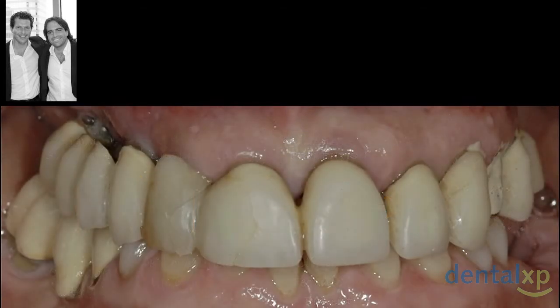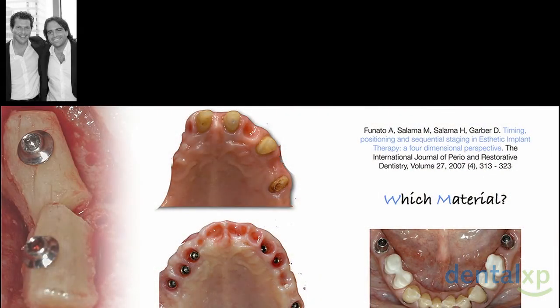Considering what Andrea just said, sometimes we have cases that are challenging in terms of material selection, like this case. Implants, teeth, anterior or posterior area, different biomechanical behaviors.